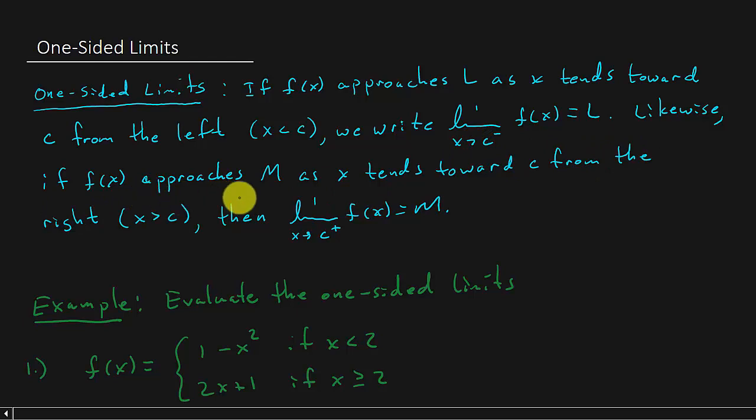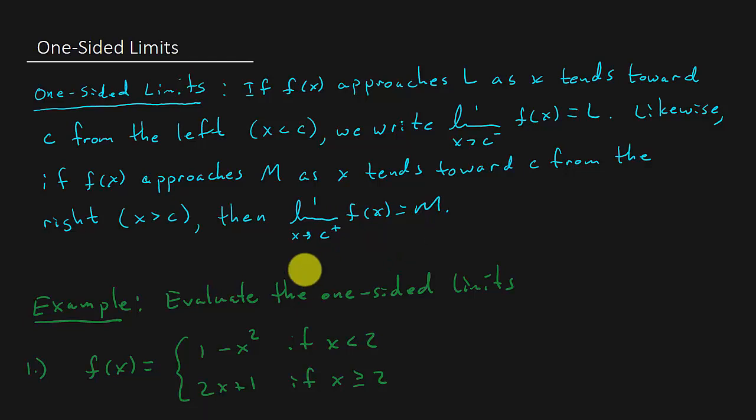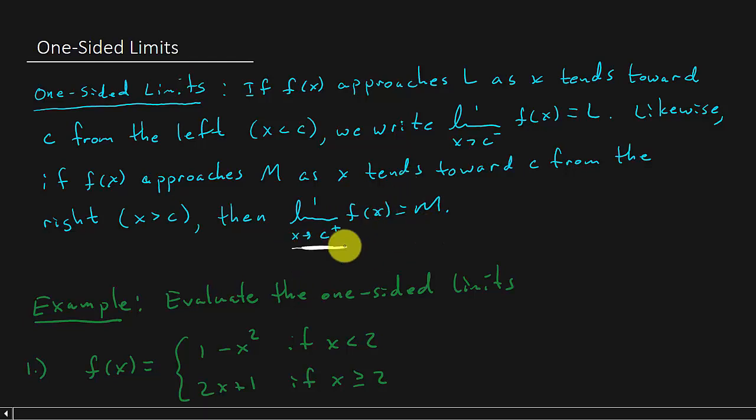Likewise, if f of x approaches m as x tends towards c from the right, where x is larger than c, then the limit of f of x as x approaches c from the right, that's what the little plus sign means, equals m. So this is your notation for the limit as we approach a number from the right and the limit as we approach a number from the left.